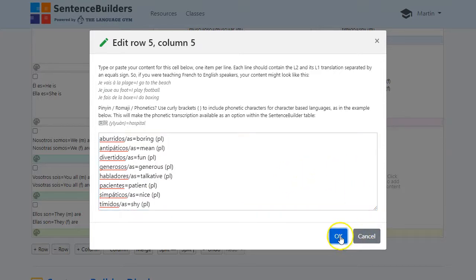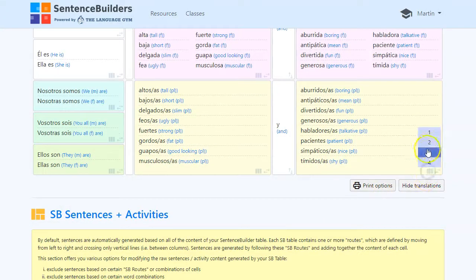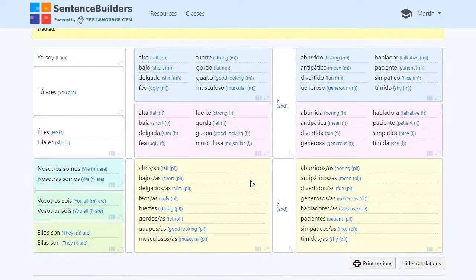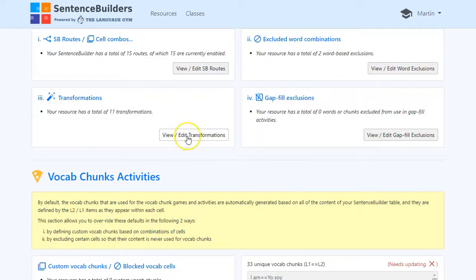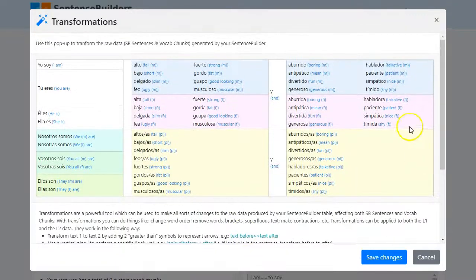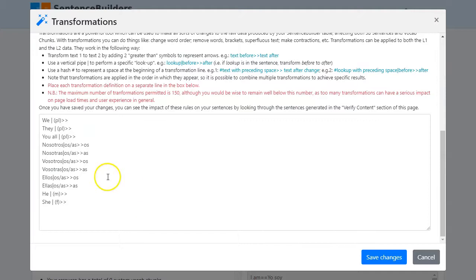So first we'll click OK to add that content. We'll change the column view. Oh no, we don't need to in this case, it's the same as on the other side there. Okay, so the content is finished, and we'll go back to our transformations and add in that set of transformations to deal with habladores. Okay, so let's have a look at that.